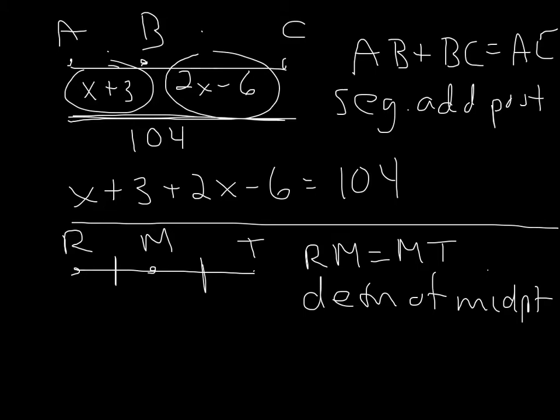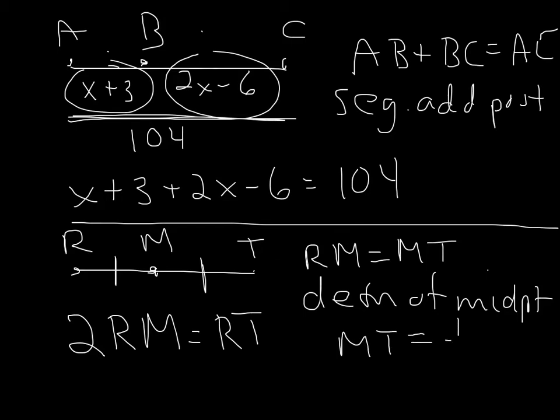What's also true if we have a midpoint is you could say two of the small pieces, either 2RM or 2MT, equals one big piece, RT. Or you could divide by 2 and say one of the small pieces, I'll use the other small piece, MT, equals 1/2 of the large piece, RT.